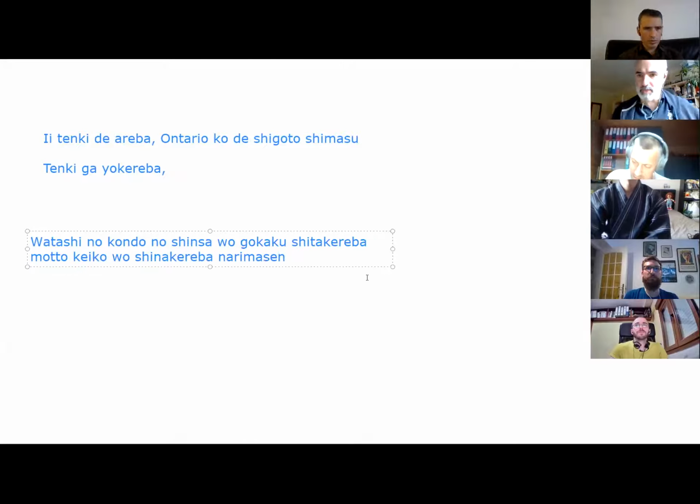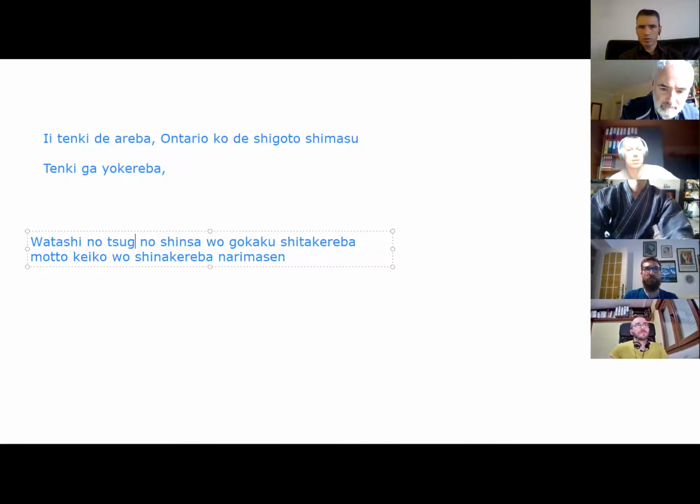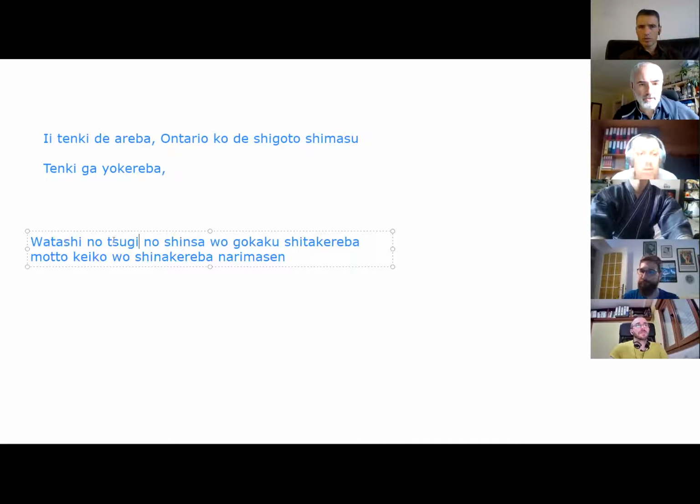Okay, so just so everybody understands what's being said here. Kondo you can use, but actually for this case, I would use tsugi, just to mean next, tsugi no shinsa. Watashi no tsugi no shinsa o gokaku.